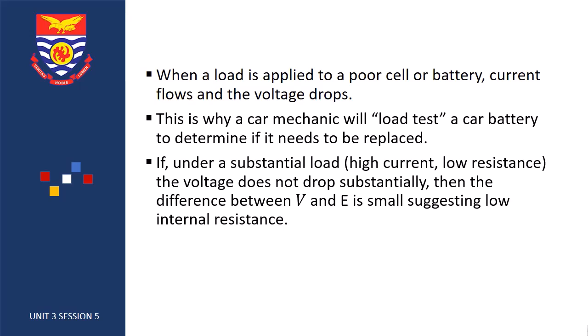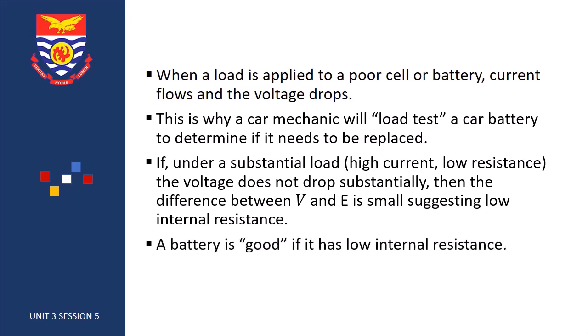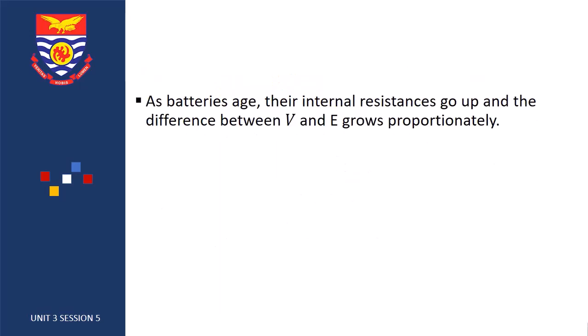Then the difference between V and E is small, which suggests there is low internal resistance. A battery that is good is one with low internal resistance, so we can say that this battery is a good battery or cell.